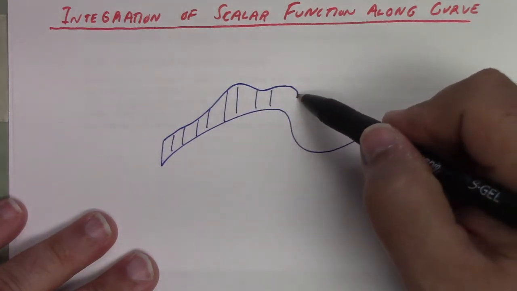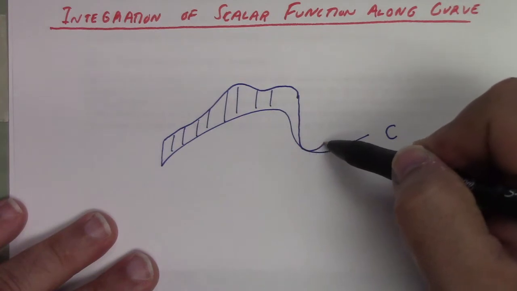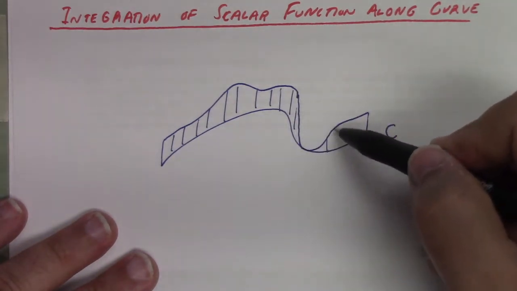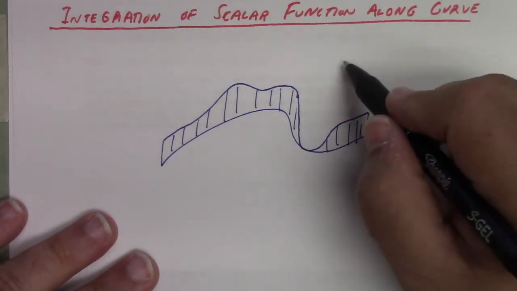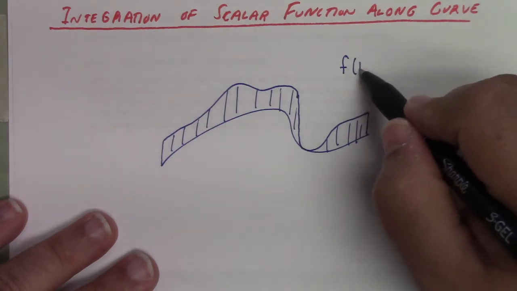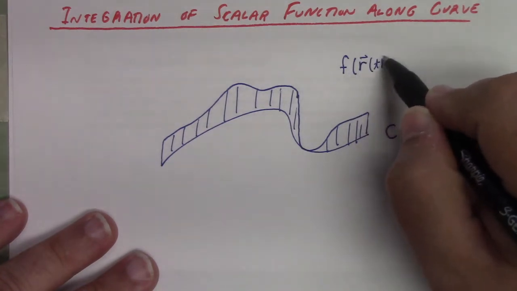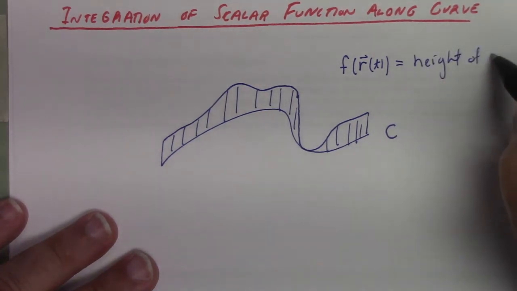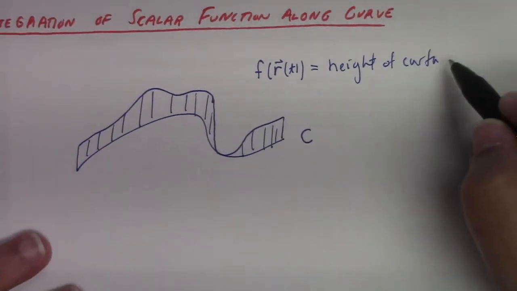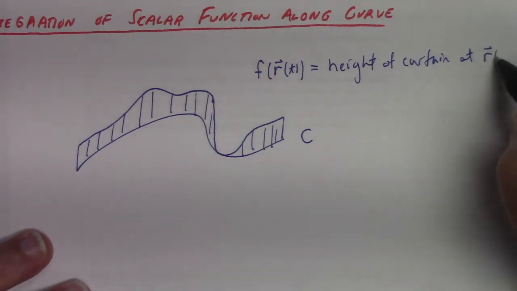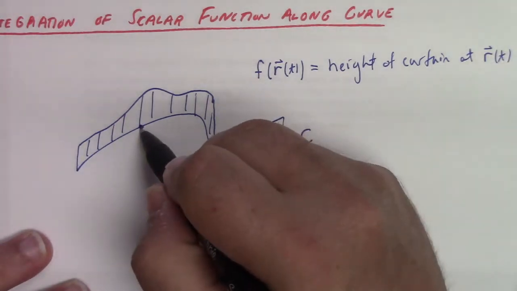It's 0 there, and it comes back up here, whatever. So this is the curtain over the curve C. I'm going to say that f of r of t, that's the height of curtain at r of t. Now r of t would be like a point on the curve.